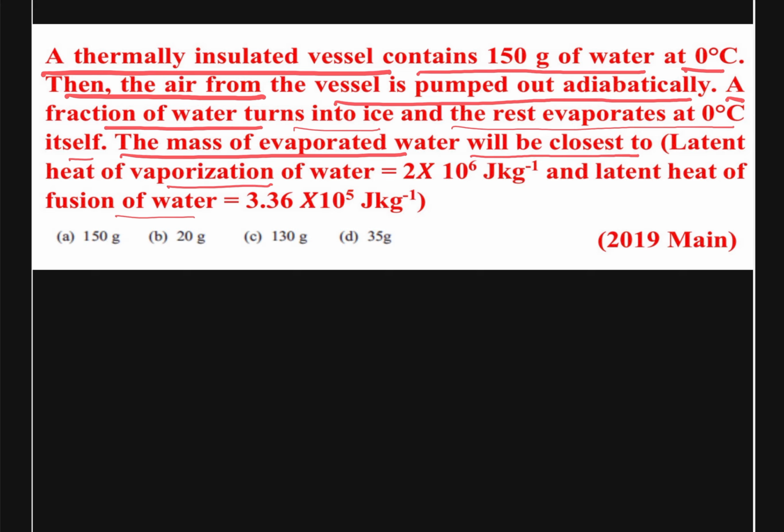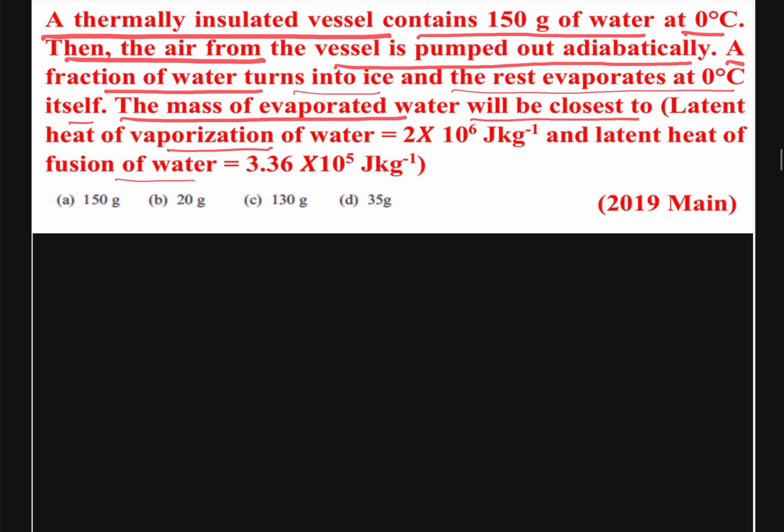Okay. So we are given that we have 150 gram of water and it's turned into ice and the rest goes into evaporation. So we assume that the water that evaporates is m, and which turns into ice is x.